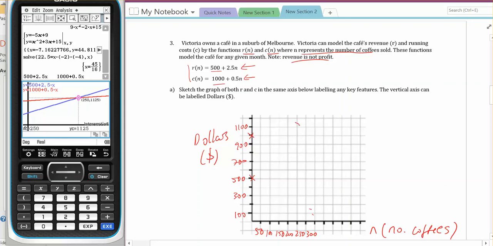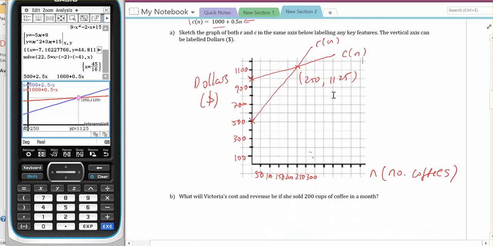That's not accurate enough. So that's around here. And since that point is common, I can draw a line because I know 2 points give me a line. Oh, make sure I use a ruler so it's aligned properly. Okay, done. So label that point (250, 1125), and label your lines: this is your revenue, this is your costs, C(n), R(n).